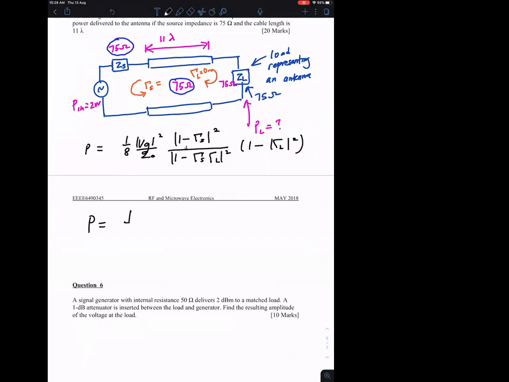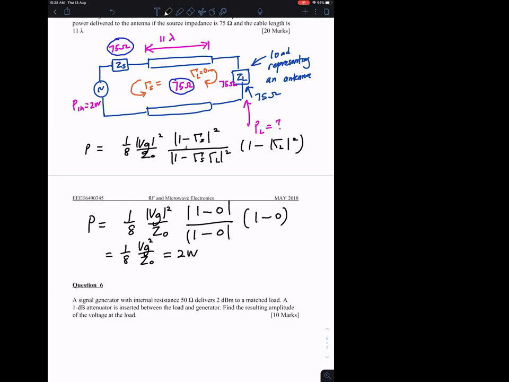So therefore the power is Vg squared over Z naught times (1 minus 0) over (1 minus 0), because all the reflection coefficients are 0. So the power is simply 1/8 Vg squared, and that is equal to 2 watts. It's the available power.